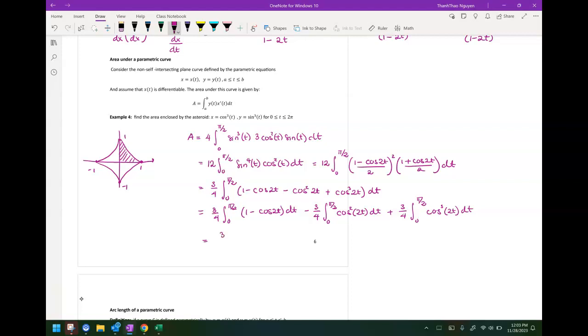This sums up to 3 pi over 8. That is the area under the parametric curve.